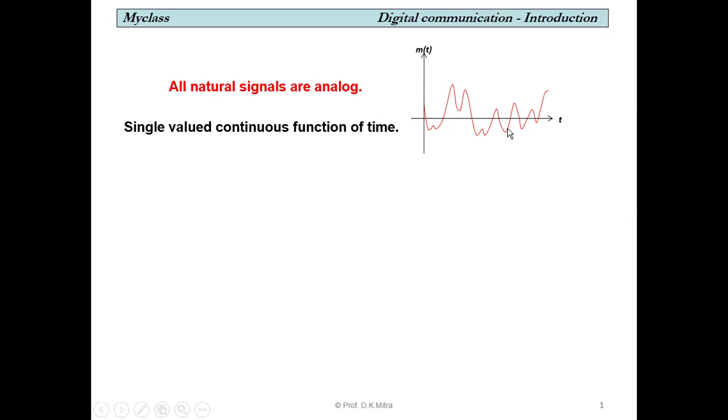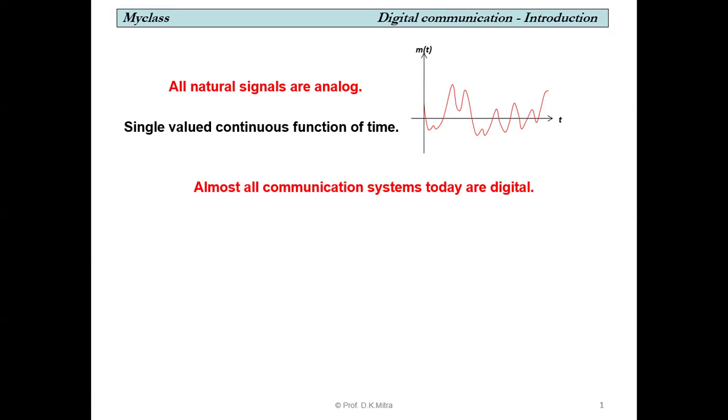For example, if you are speaking to a mic, the output voltage or output current of the mic is something of this shape. It is not in the shape of pulses. It's not a digital signal. So the first thing we observe is that all natural signals are actually analog signals, but almost all communications are digital.